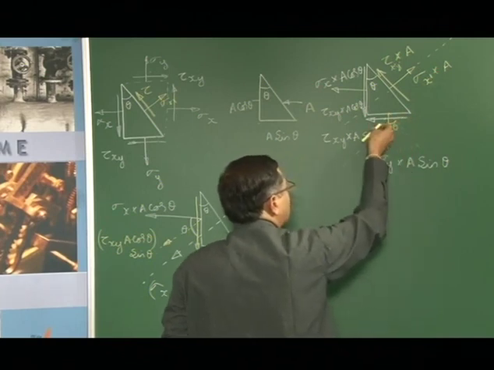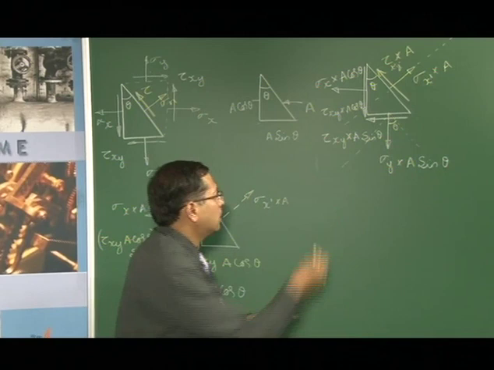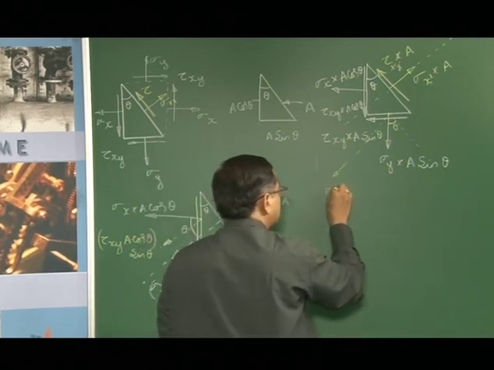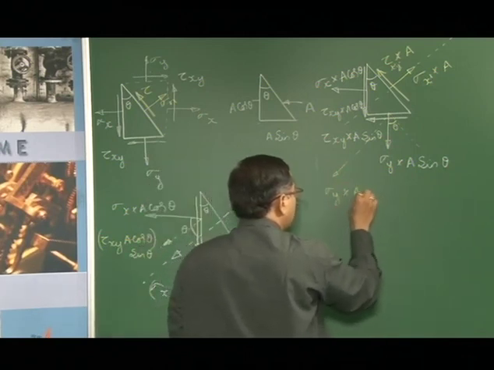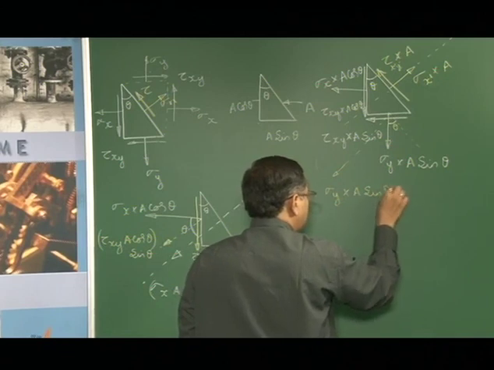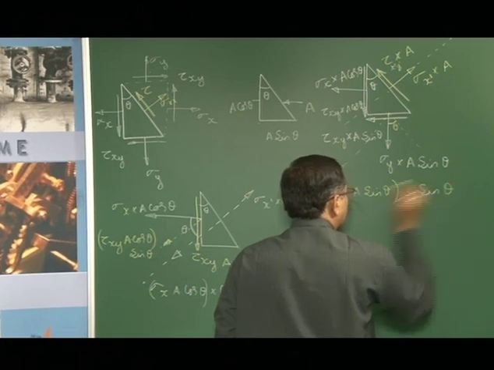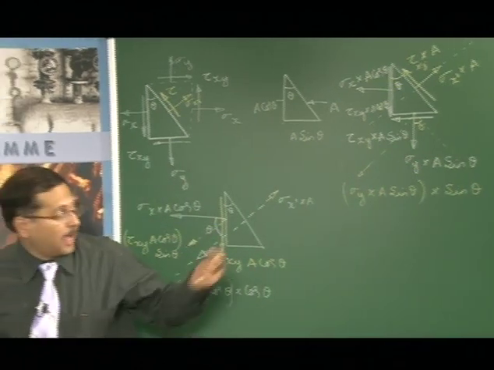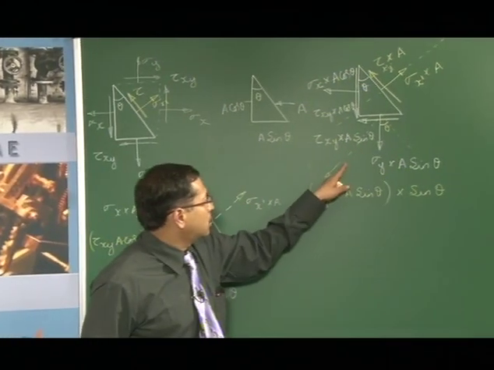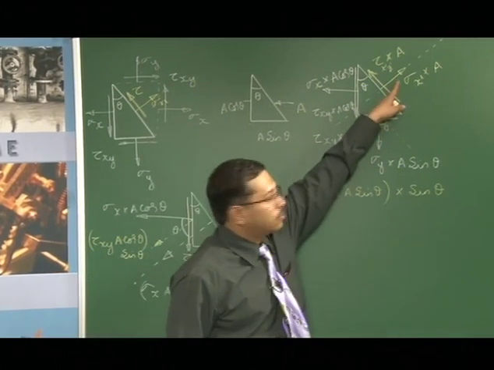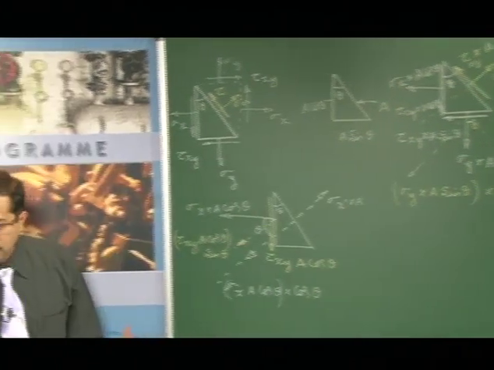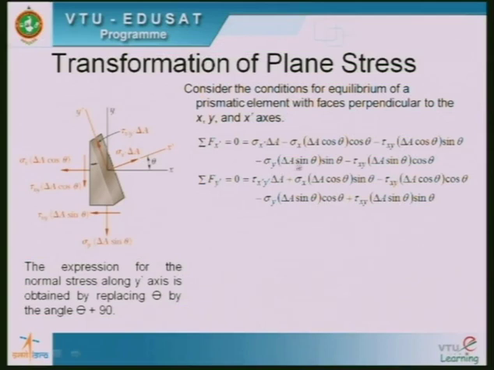So if I resolve this along this, I get the force that is going to be acting here as sigma y into delta a sin theta, into the component. If I want it along this, it is going to be sin theta. Again the sense of this when I resolve it is going to be downwards, opposite to this. That is what is indicated here as a negative sign, sigma y delta a sin theta into sin theta.